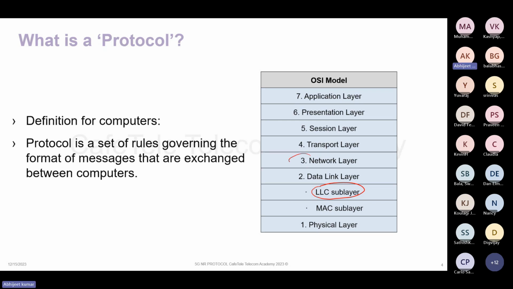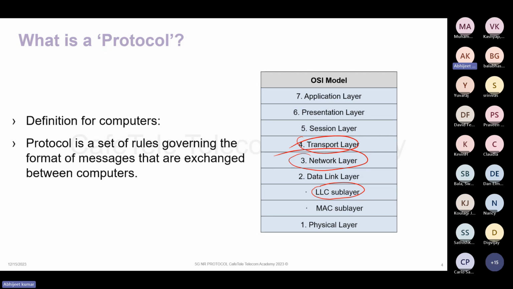Then we have the network layer. This network layer means what? It's packet forwarding, which includes routing through intermediate routers. Then we have the transport layer. Transport layer means what? Basically, this layer provides transparent transfer of data between end systems or hosts.